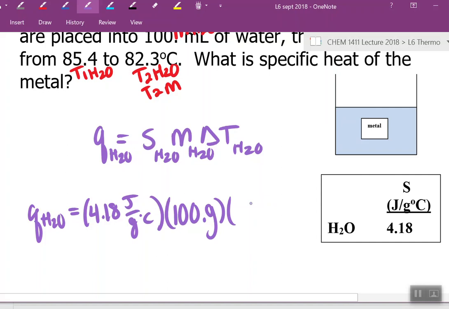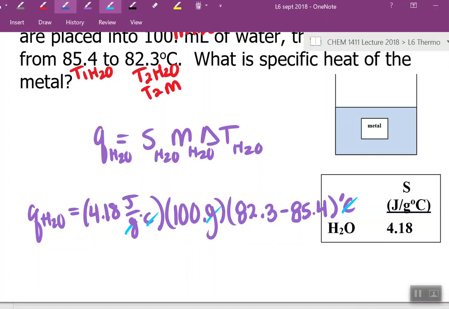And then for the change in the water, I've got the temperature change here. And we can see our units do cancel. Our grams down there cancel, our degrees C here cancel, which leaves us with joules for our Q. We need to watch the sig figs because when we do this subtraction, we lose sig figs because we use the add subtract rule.